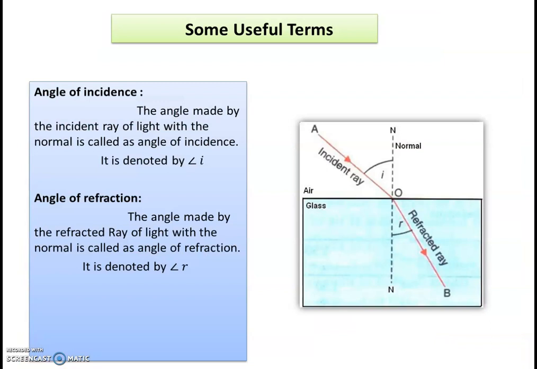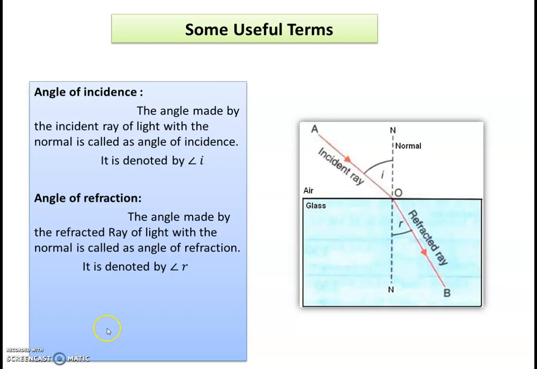In order to learn about the refraction of light, we must know some useful terms. Term number one is angle of incidence. The angle made by the incident ray of light with the normal is called the angle of incidence and it is denoted by i.